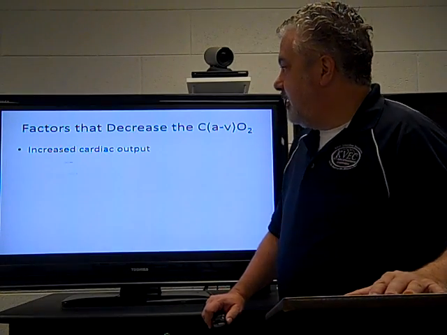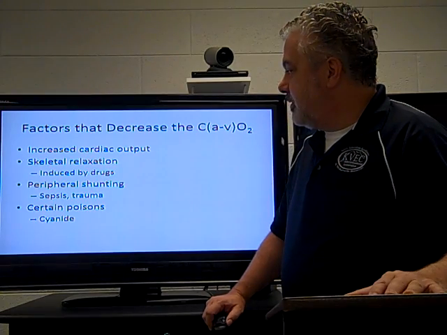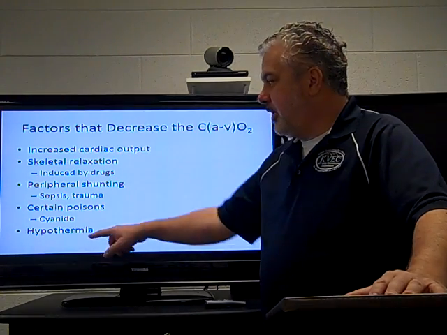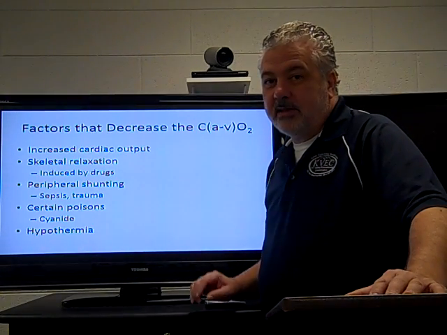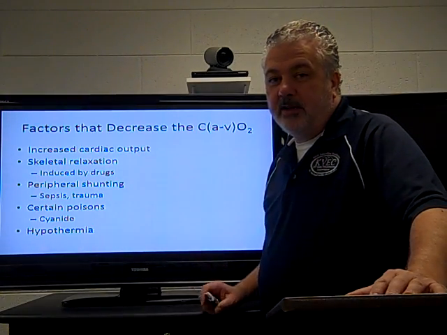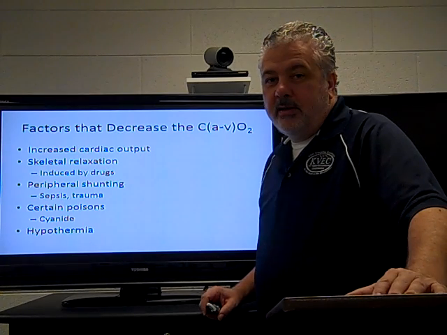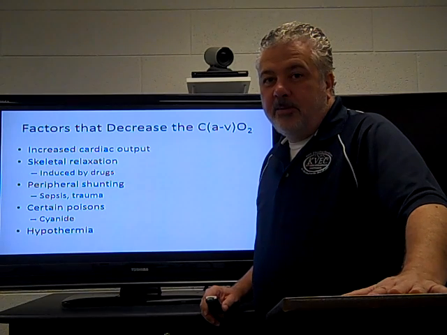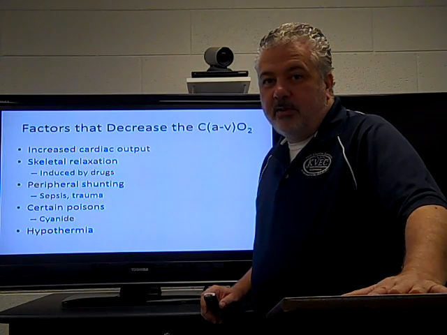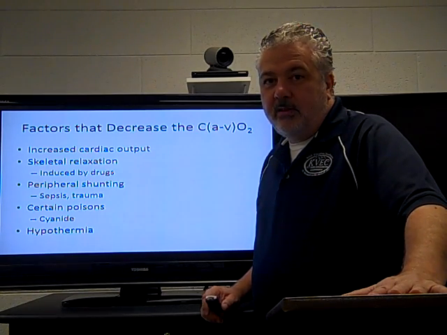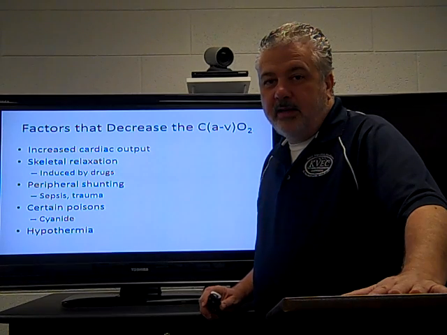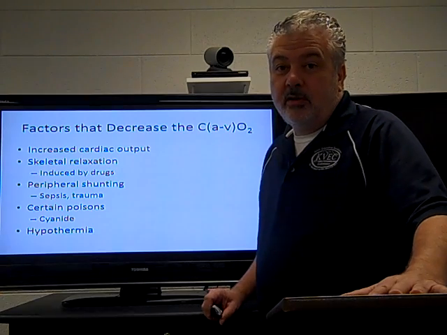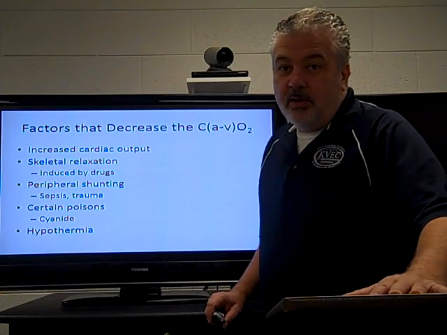Factors that decrease CaVO2, or oxygen consumption. The main one here is hypothermia. Hypothermia causes less oxygen consumption, and you hear these stories about a kid who falls through the ice in an icy pond and is submerged underwater for 30 minutes, and they're able to pull the kid out and do CPR, and they survive and recover and are normal.